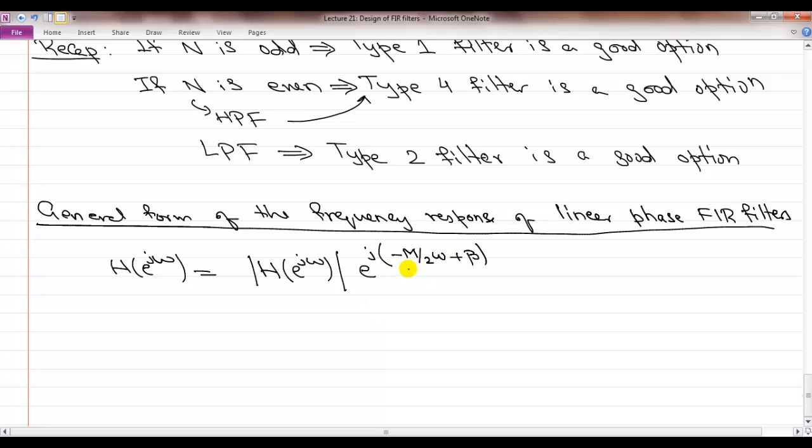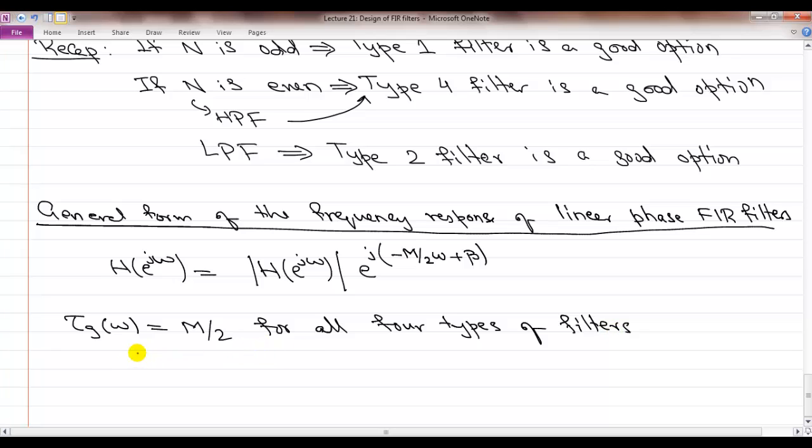Their phase response is always of the form minus M by 2 omega plus beta, which means that their group delay is always M by 2. This is true for all 4 types. And M, of course, is the order of the filter.